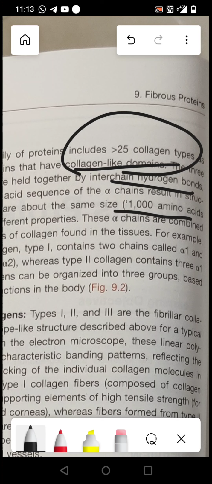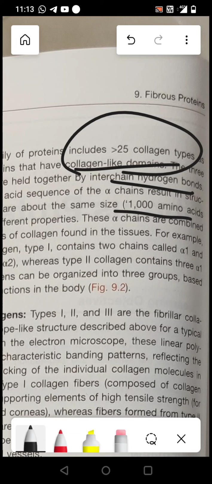Each of these alpha chains need not be totally similar. For example, in type 2 collagen, you have alpha 1, alpha 1, alpha 1, three alpha 1 chains bonded together, which becomes a triple helix. Whereas type 1 consists of 2 chains of alpha 1 and 1 chain of alpha 2.